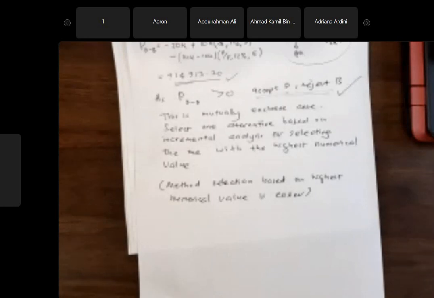Tapi tak apa, your question is not challenging lah, Abdul Rahman. Maybe you can give the question: why you don't calculate A in this project? Why you don't compare A in this project? Macam tu lah. But there is no taker for the question. Okay, so I accept lah Abdul Rahman punya question.